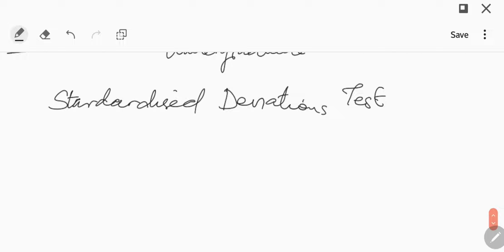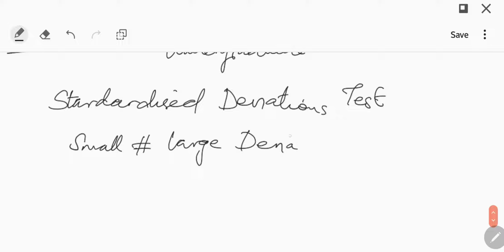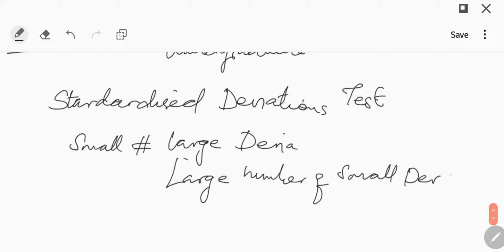So here my intention is to see if a large number of larger deviations are being upset by a large number of small deviations, so that the overall sigma z squared is less than the critical value of the chi-square test, and then there is no significant difference between the observed rate and the graduated rate.